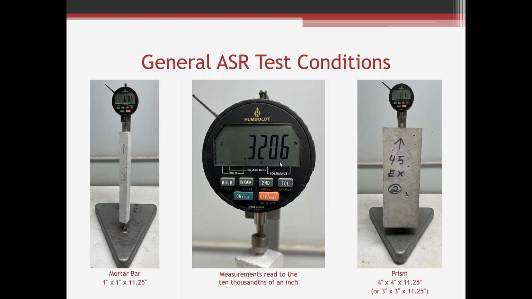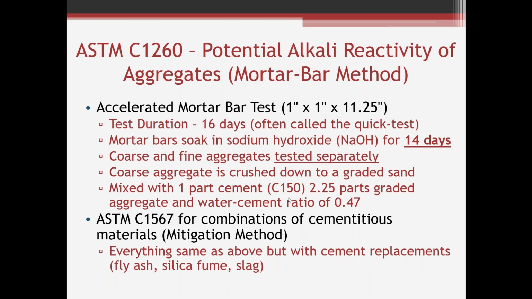But we take these measurements out to the 10,000th of an inch, which is a pretty small length. We use the same device, whether it's a 1 inch mortar bar or a 4 by 4 inch prism, which we see here. We use the same tools, and we take all the measurements out to the 10,000th of an inch.